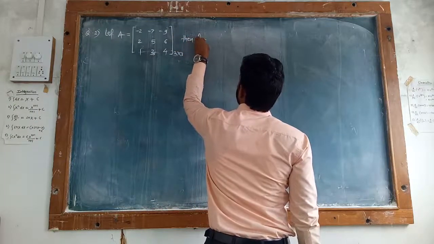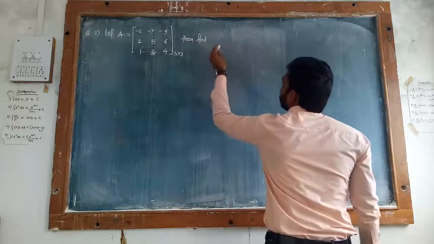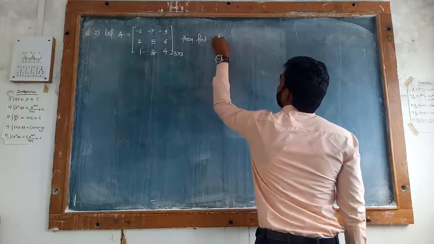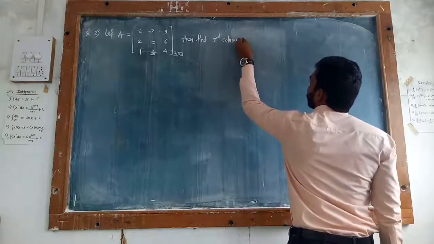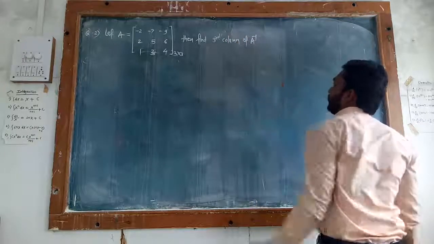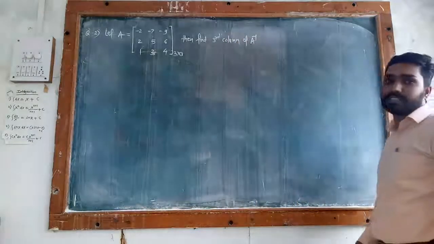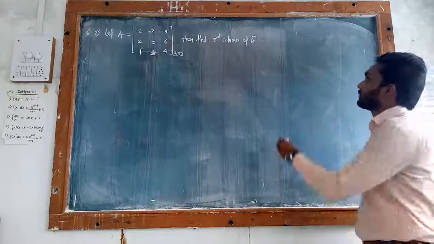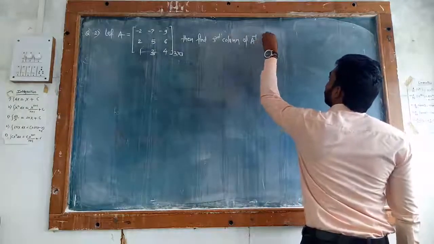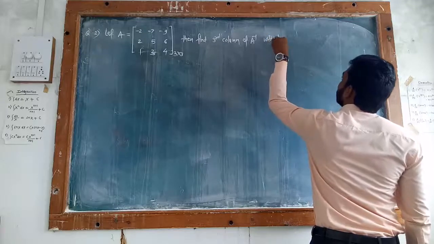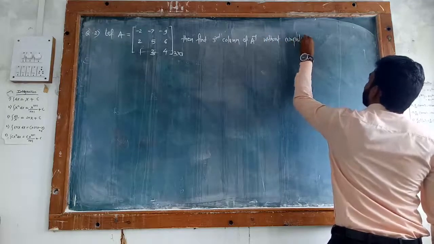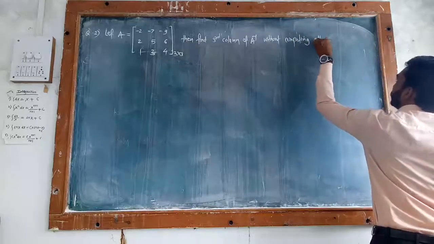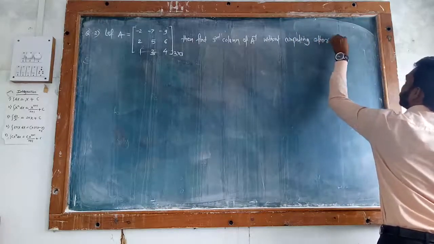Then find the third column of A inverse without computing the other columns.